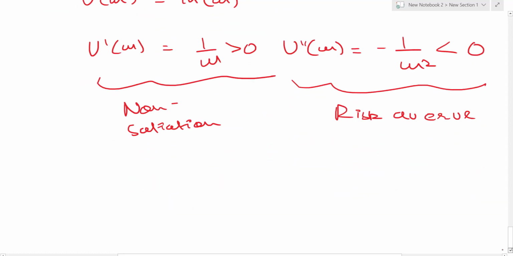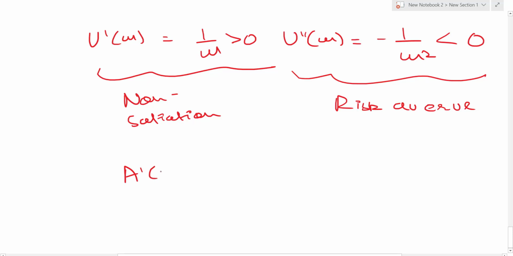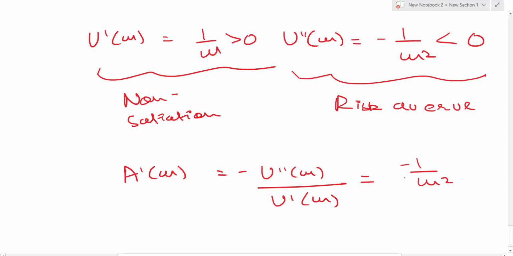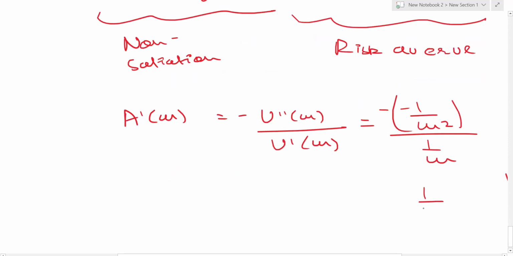Now, what is your absolute risk aversion measure? A of w is just minus of u double dash w divided by u dash w. So it would be minus 1 upon w square, the negative of this, divided by 1 upon w. So the answer will be just 1 upon w.